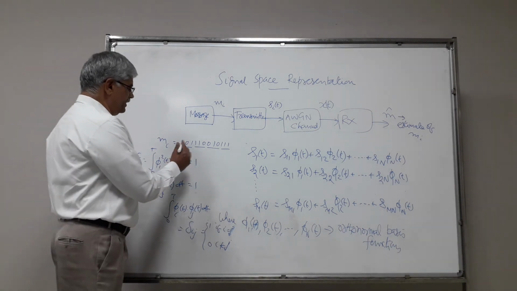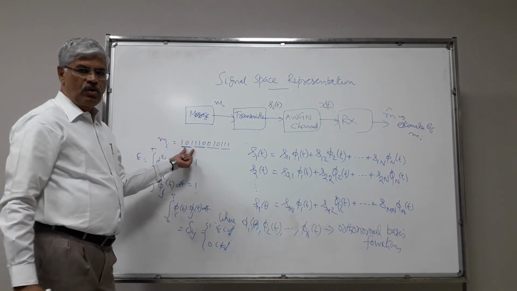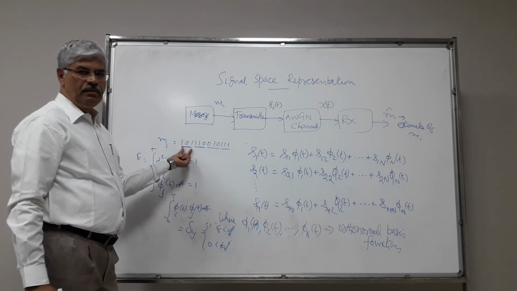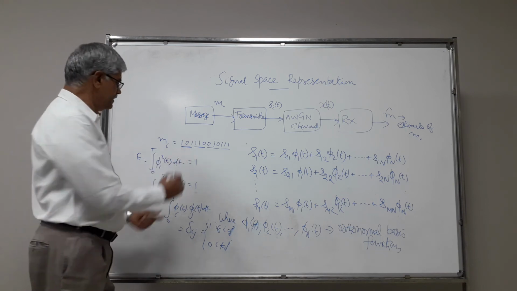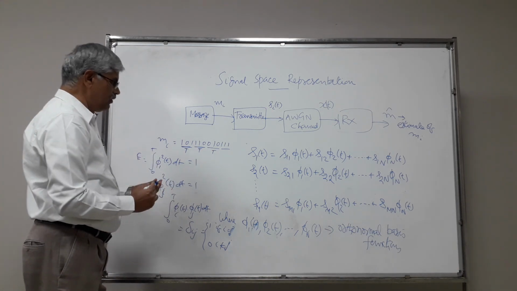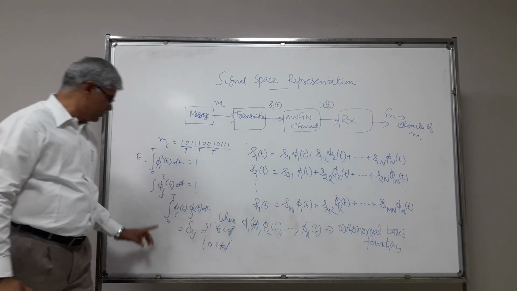We are saying this is the symbol duration, whatever may be the rate at which you want to transmit. With 3 symbols it means 3 into TB, and 3 TB is 1 T. This is called duration T. So in that duration, these functions are all orthogonal to each other.